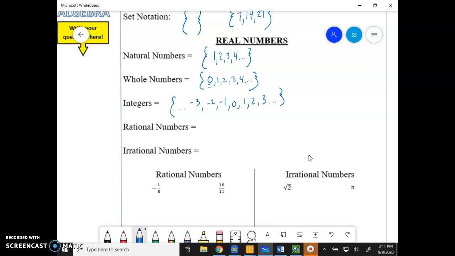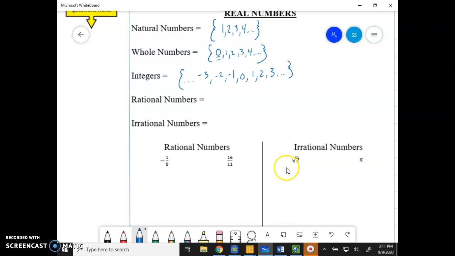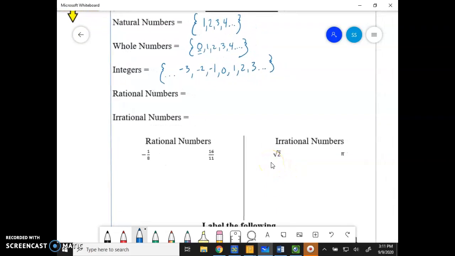The next part here is a little tricky for some students. We've got rational numbers and irrational numbers. One way we can differentiate between the two of those would be rational numbers can be expressed as fractions. So we can write that down: can be expressed as a fraction.